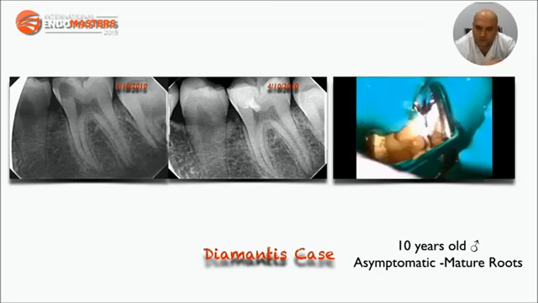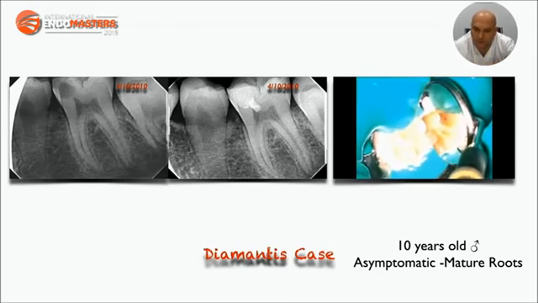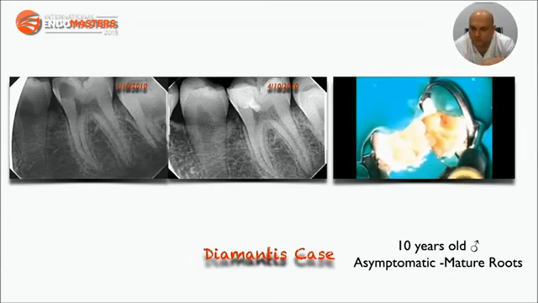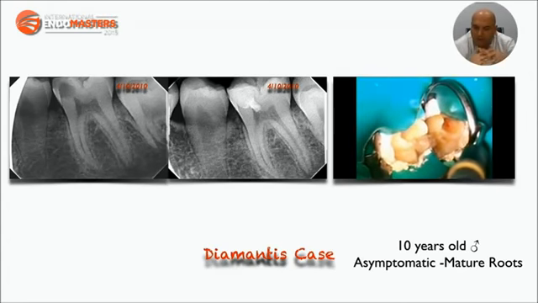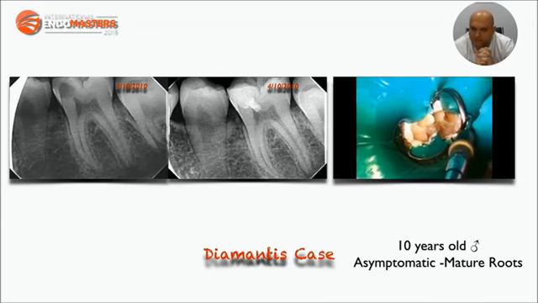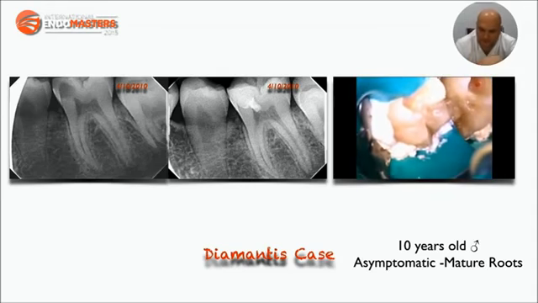The first shot of MTA was mixed with the blood. The second shot was thicker, and the third one was allowed to set. Glass ionomer was placed over the MTA to protect the MTA, and a composite resin restoration, all in a single appointment.